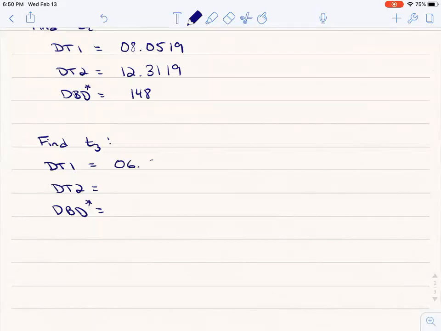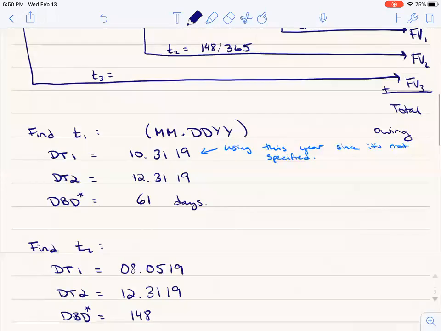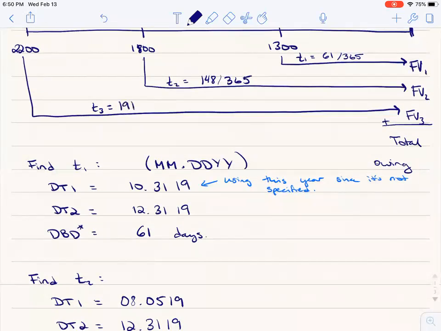So 06.2319. Date 2 stays the same, 12.3119. Compute. I got 191. So 191 out of 365.